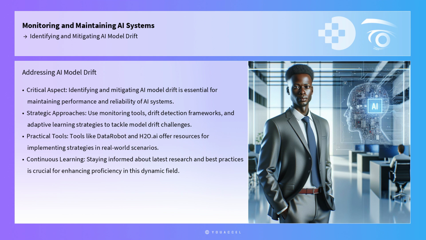Practical tools and frameworks, such as DataRobot and H2O.ai, offer valuable resources for implementing these strategies in real-world scenarios. Additionally, fostering collaboration and considering ethical implications are essential for developing robust and responsible AI systems. As AI technology continues to evolve, staying informed about the latest research and best practices will be crucial for professionals seeking to enhance their proficiency in this dynamic field.